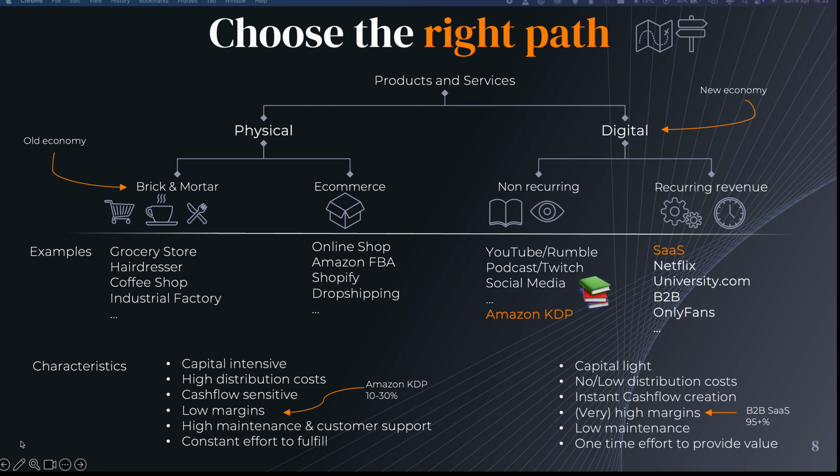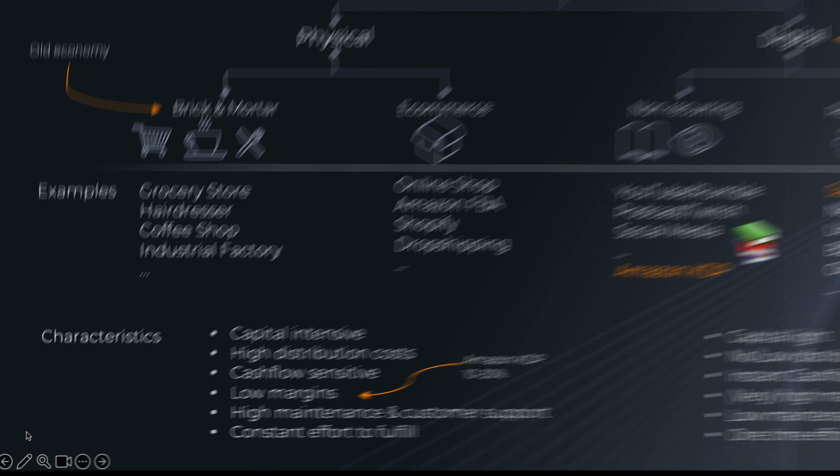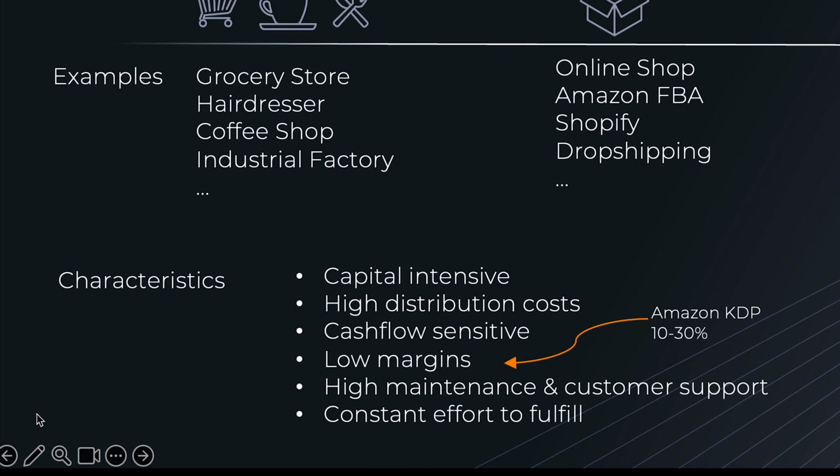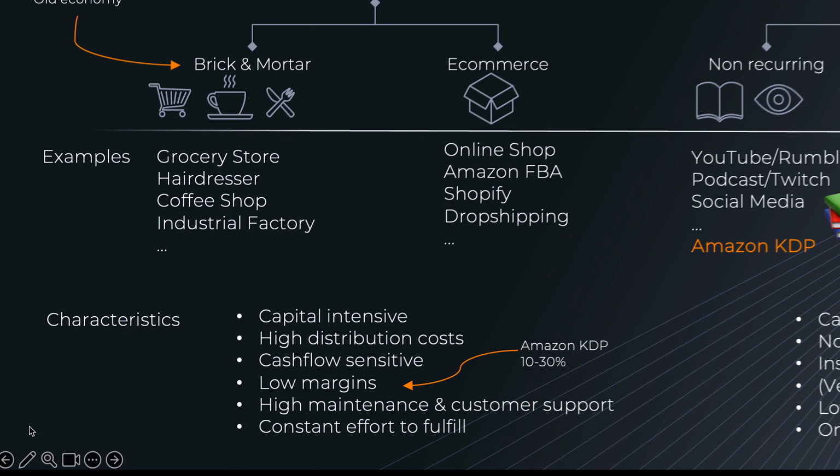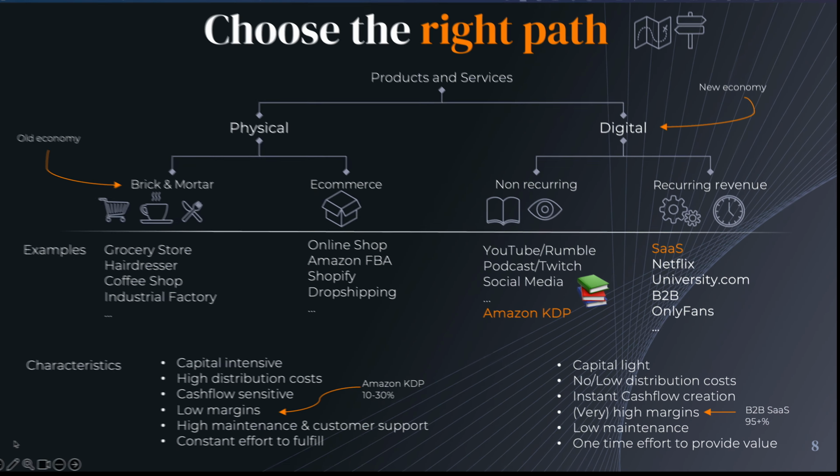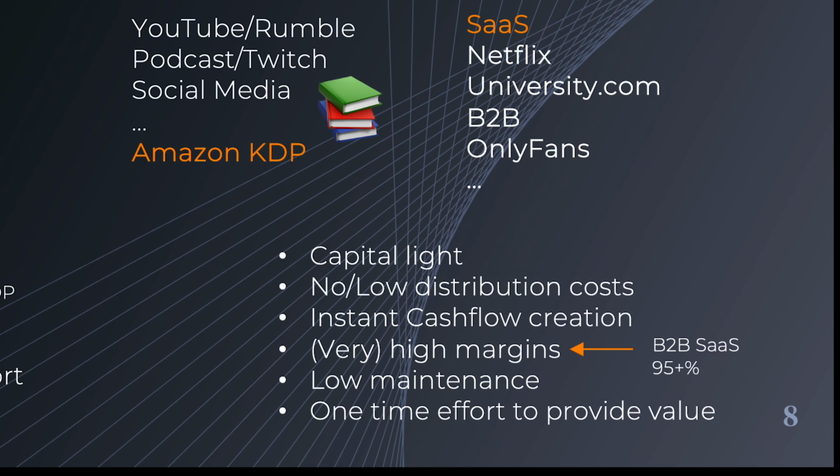What are their characteristics? With physical and brick and mortar, you have in general high capital intensity. The distribution costs are high, the margins are low, you constantly have to make an effort to fulfill the sale. The customer support is quite high. With digital products on the other side, you have a capital light business with low or no distribution costs.